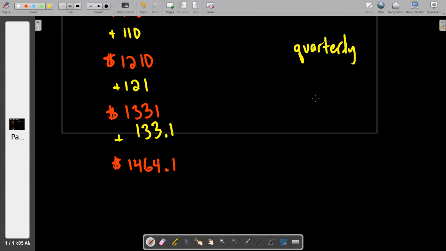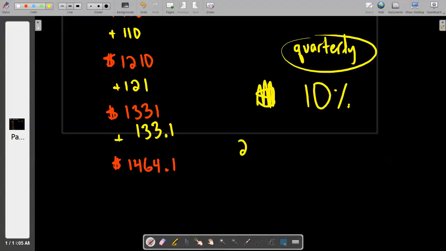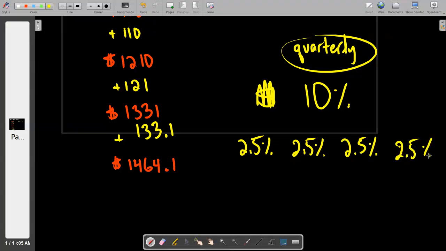At the end of the next 3 months, you get 2.5%. So you're still getting your 10% interest, but if it's quarterly, then you're getting 2.5% in each of the four quarters. So you still get 10%, but you get it in smaller pieces, more frequently.